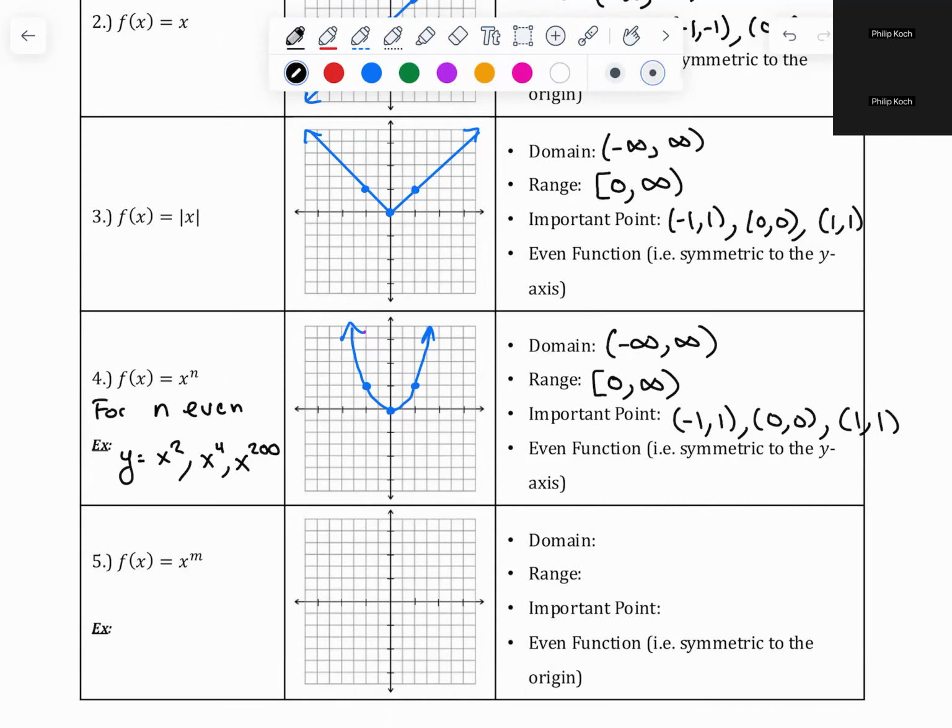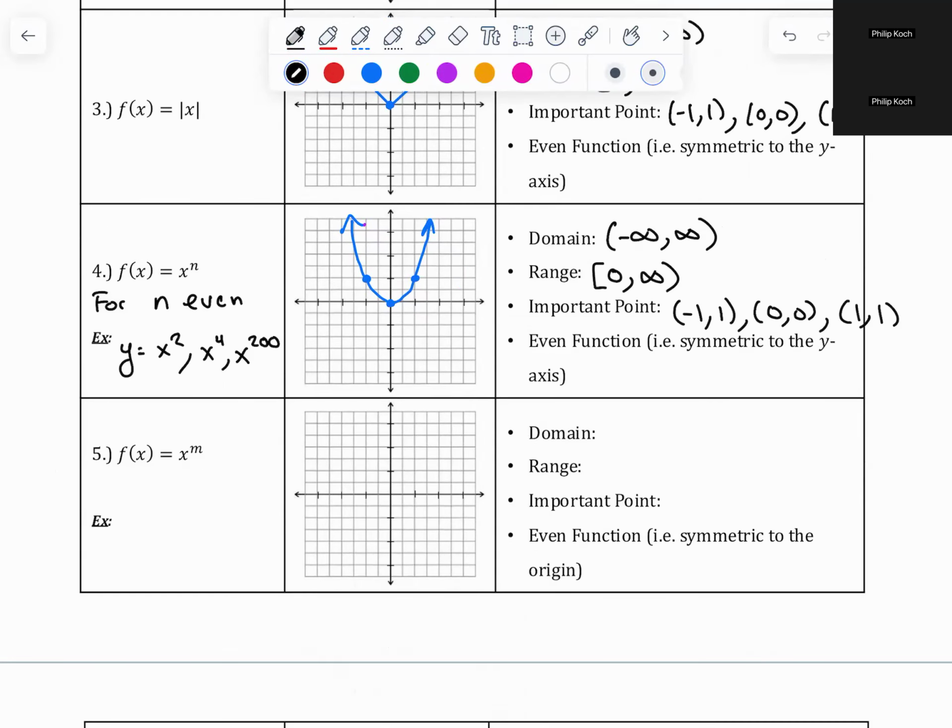And then you have the odds. If you have f of x equals x to the n, for n odd, the textbook will only cover y equals x cubed, but it works in general. So we're thinking of things like y equals x cubed, x to the 7th, x to the 201st, and so on and so forth.